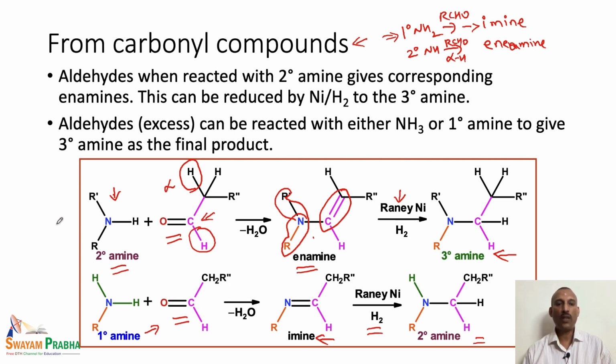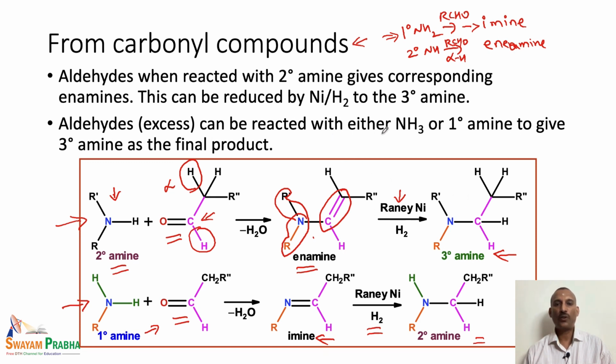So, that way we can directly use a secondary amine to prepare a tertiary amine, or in an additional step we can also use a primary amine to prepare a tertiary amine. So, this reaction can be used from either primary amine or secondary amine to prepare the final tertiary amine.